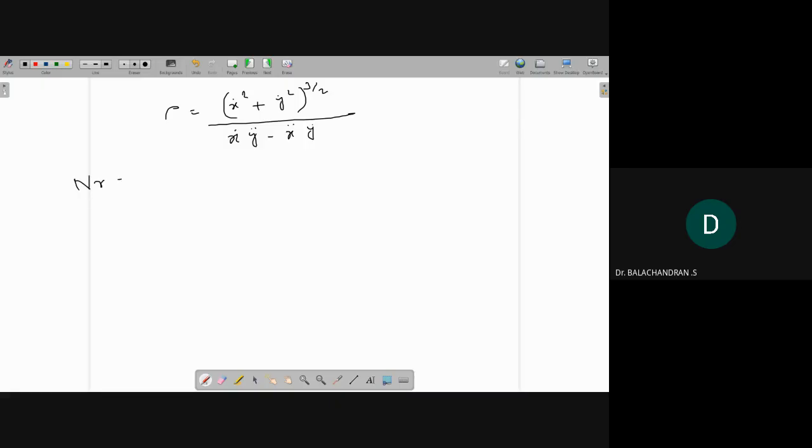So first the numerator, x dot square plus y dot square, whole power 3 by 2.